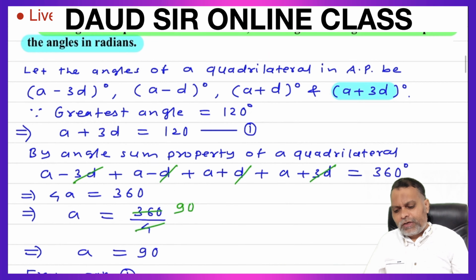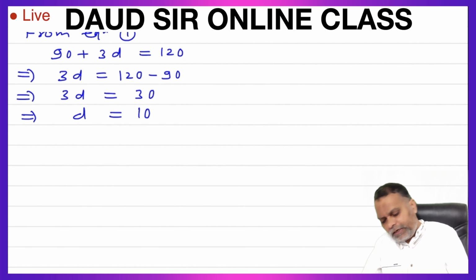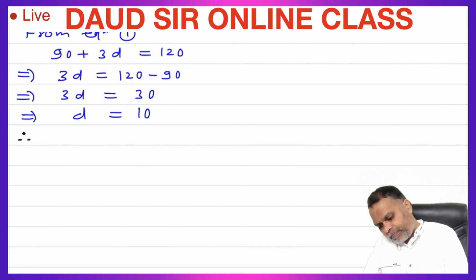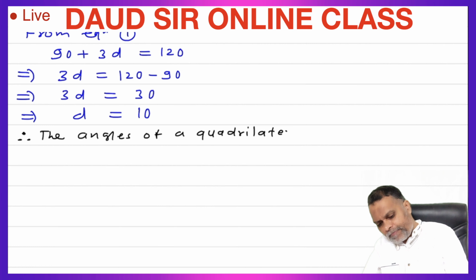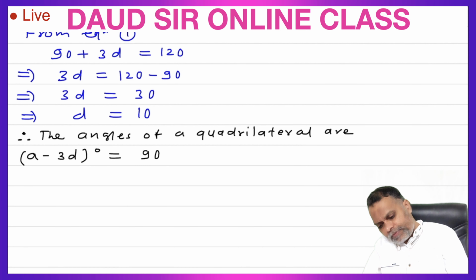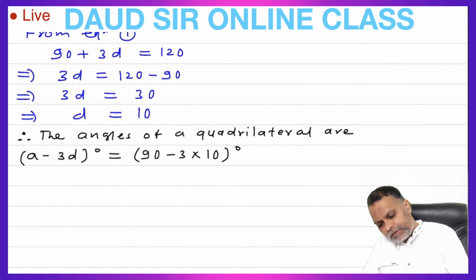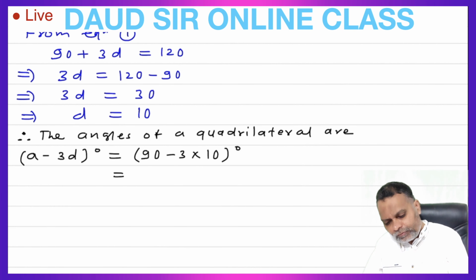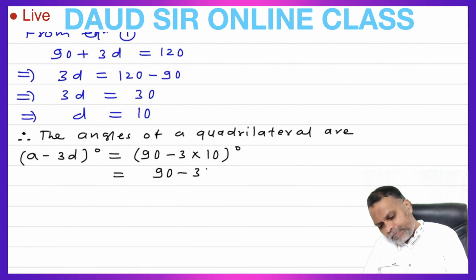Now we can substitute here for the angles. Therefore, the angles of a quadrilateral are: first angle A minus 3D degree is equal to A 90 minus 3 into D 10, which is equal to 90 minus 30.